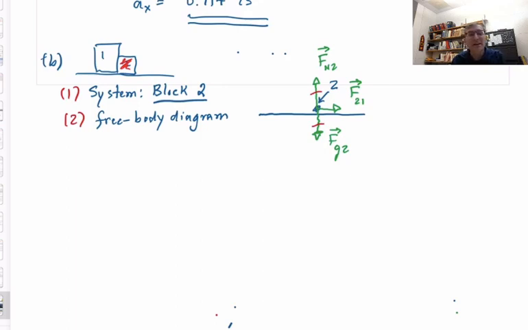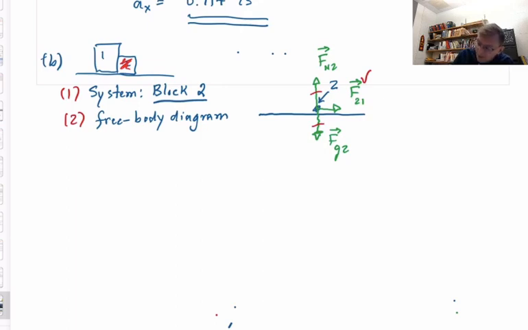This then is the complete free body diagram for block 2. Notice then what is responsible for block 2's acceleration. The 0.914 meters per second squared that we just found in part A of this problem. It's that F21. That's what's giving block 2 its rightward acceleration.